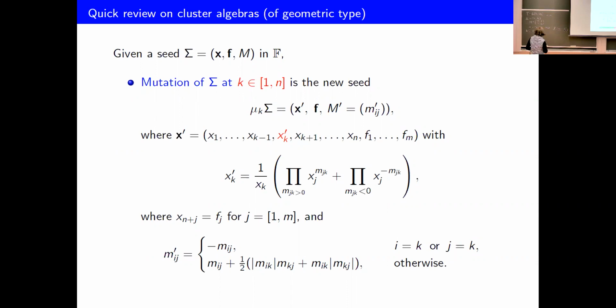Okay, so let's do this example. I take k to be 1. This is my original seed, and this seed under mu1 becomes... only one thing changes, and by definition, this is equal to x1, and the sum of two terms.